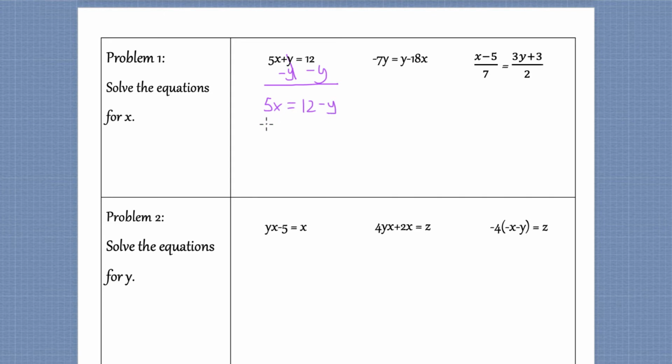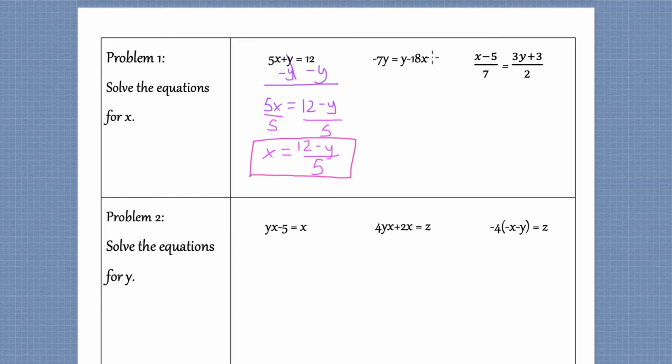Now all we have to do is get this x term alone, and so we are going to divide this side by 5 and then divide the other side by 5 too. So 5x divided by 5 gives us x, which is going to be equal to 12 minus y over 5. And so this is going to be our final answer. So x is equal to 12 minus y over 5.